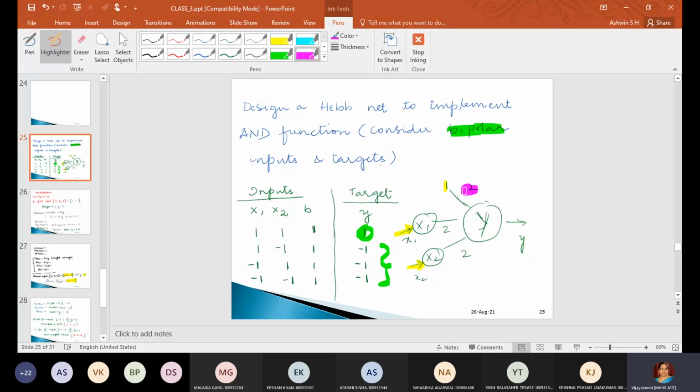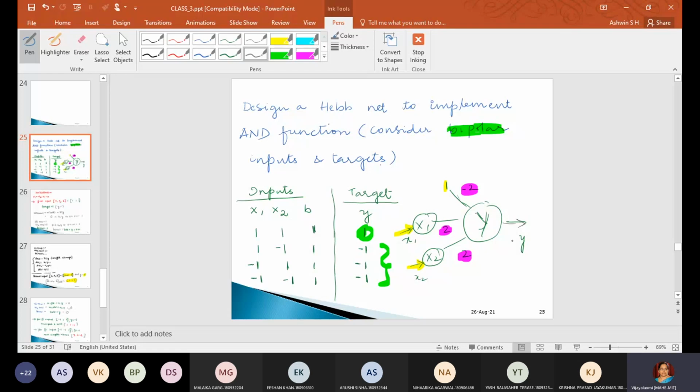I have written -2, the last case I have considered, and this is my final output. So this is the Hebnet to implement the AND function considering bipolar inputs and targets.